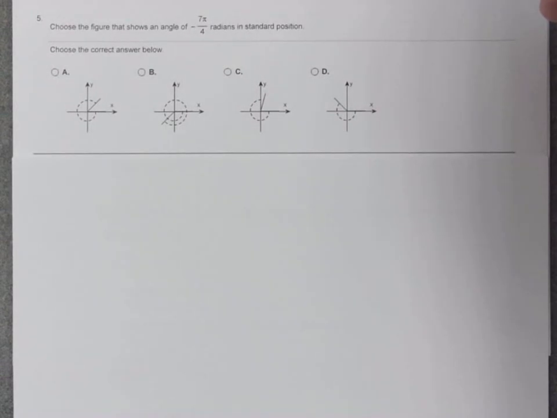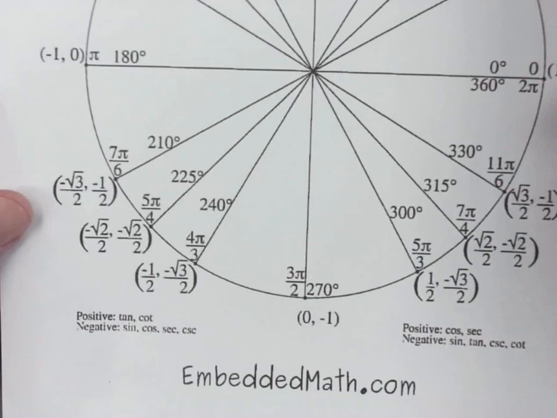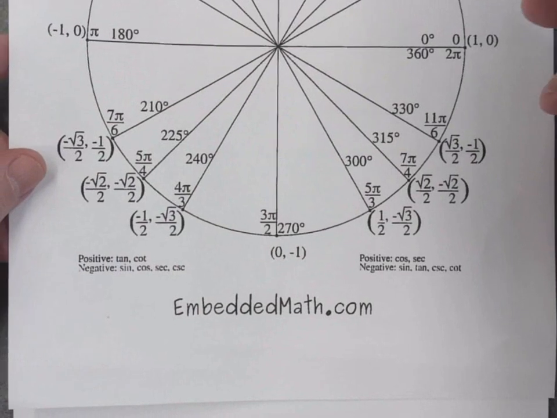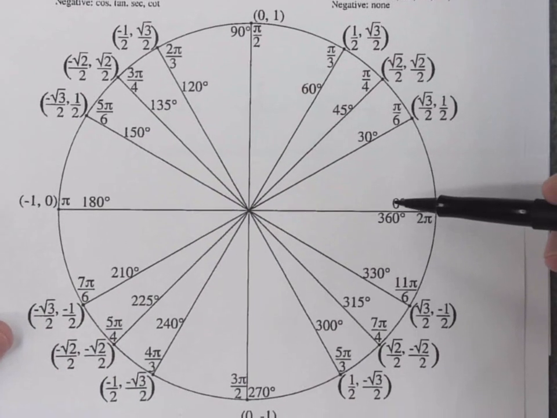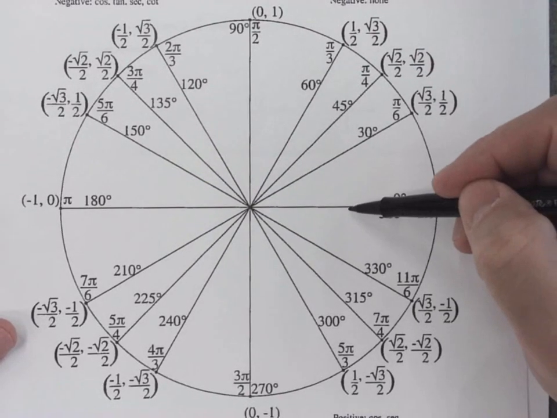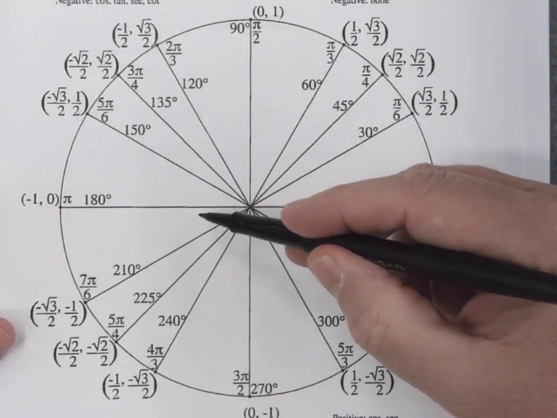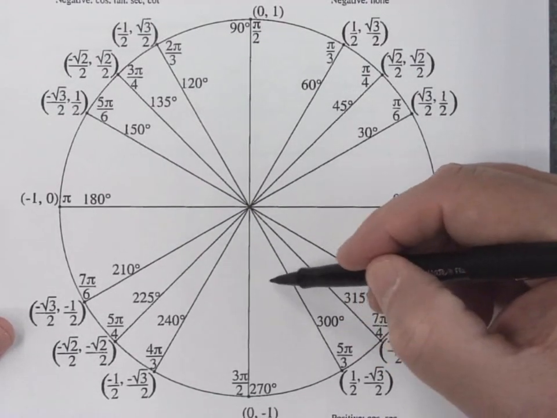Now what I typically do with a negative angle, because if I look at my unit circle, all the angles are positive, is I will say, when I go in the positive direction, how far do I have to go to get to 7 pi over 4? 7 pi over 4 is right here. I start here, I go 3/4 of the way around, and then I go another half a quadrant.